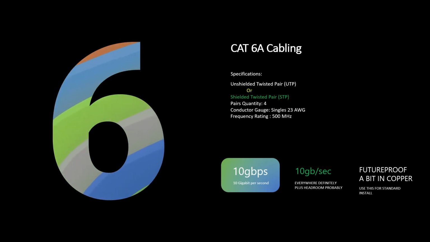So if you're trying to meet the spec, try and find a really high quality Cat 6 cable, and that way you don't have to worry about shielding it per se, and you're still going to get your 10 gigabits, which is like the limit of what anybody would ever want for service. There are no conceivable use cases; 10 gigabits a second at network speed is a huge amount of data.